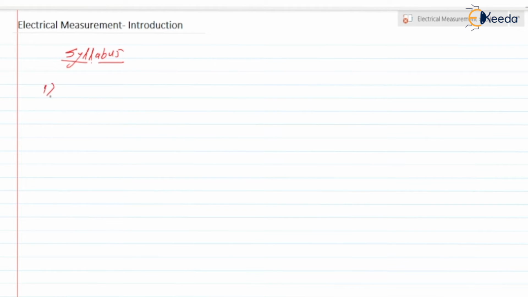The first chapter is error analysis. In this chapter we are going to discuss what the error is, how to minimize the error, and the static and dynamic characteristics of measuring instruments, etc. The second chapter is basics of electrical instruments.